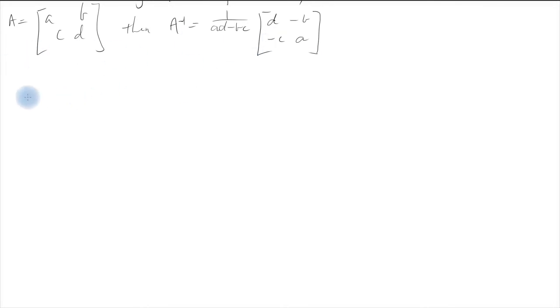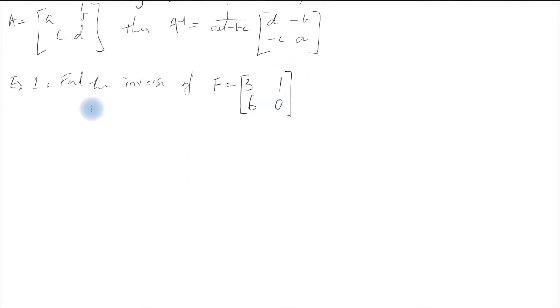So here's an example. Find the inverse of, say, the matrix F equals 3, 1, 6, 0.